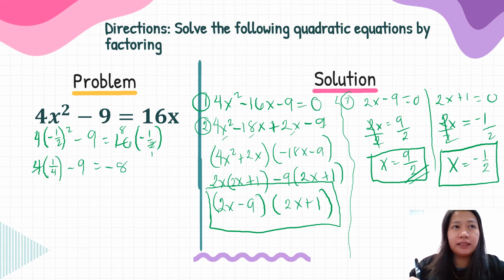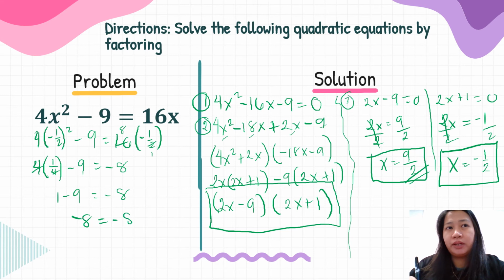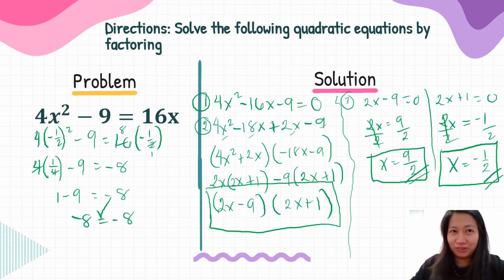And 1 minus 9 equals negative 8. And negative 8 is equal to negative 8. Galing, no? Okay, so we're done with this one. So, ibig sabihin, hindi rin po siya extraneous root.